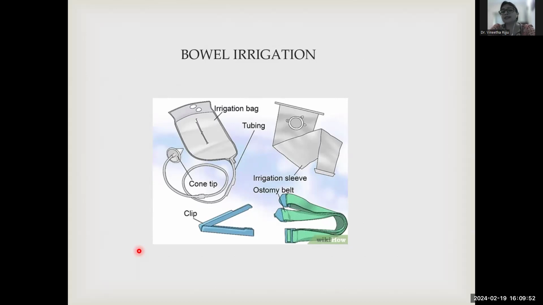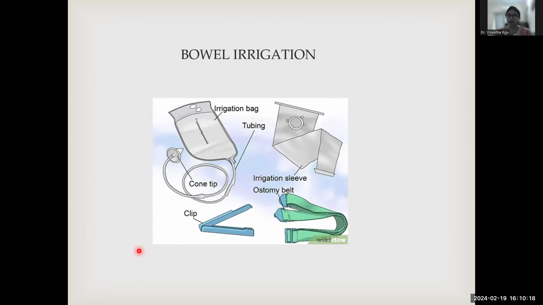Bowel irrigation is nothing but irrigating the bowel with water, so that the bowel is washed out daily, made into a routine, so that the colostomy excretes only once a day. Otherwise, there is always some amount trickling into the colostomy bag, right?